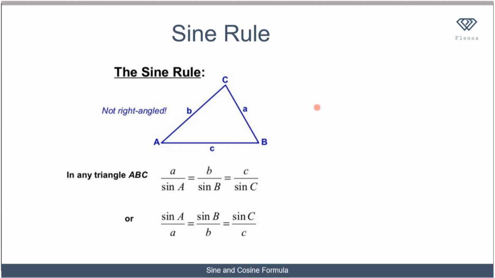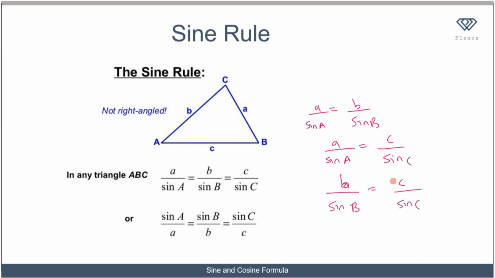So I can write a over sine A is equal to b over sine B. I can also write a over sine A is equal to c over sine C. I can also write b over sine B is equal to c over sine C. Depending on what side and what angle I'm looking for, I can apply any of these combinations to find any of the unknown sides.